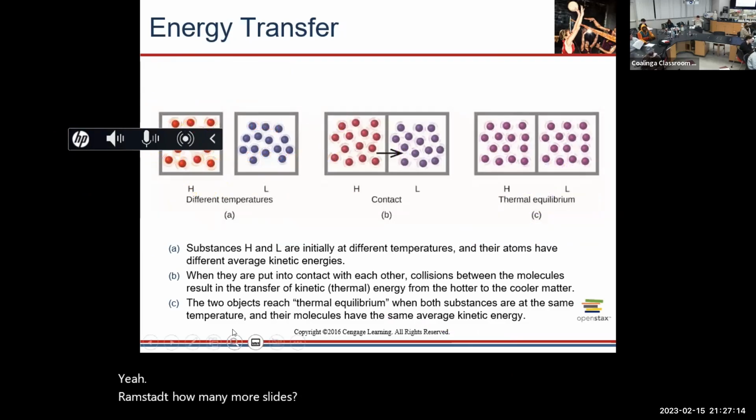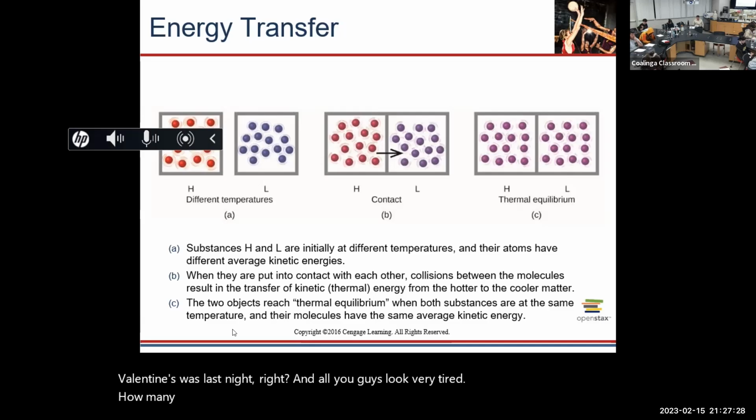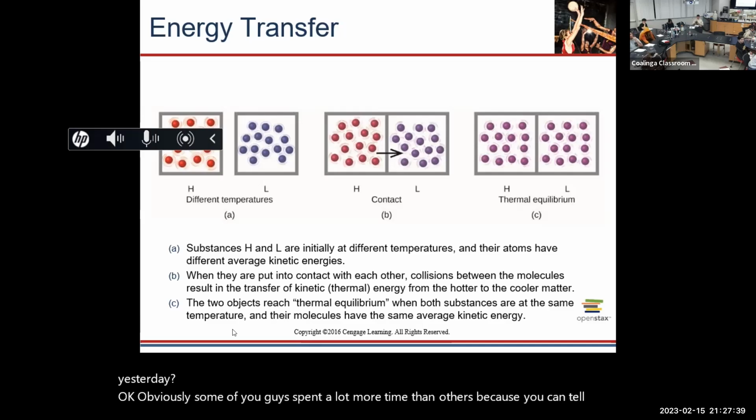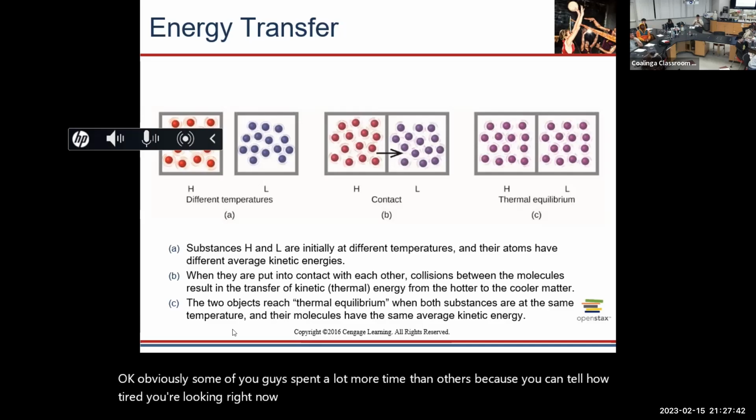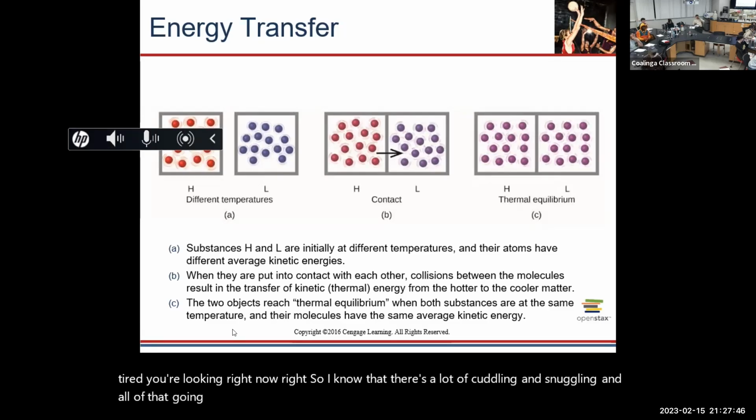Three more slides. We're on the home stretch. Okay, so now, Valentine's was last night, right? And all you guys look very tired. How many of you guys spent time with your Valentine yesterday? Okay. Obviously, some of you guys spent a lot more time than others because you can tell how tired you're looking right now, right? So I know that there's a lot of cuddling and snuggling and all that going on, right?